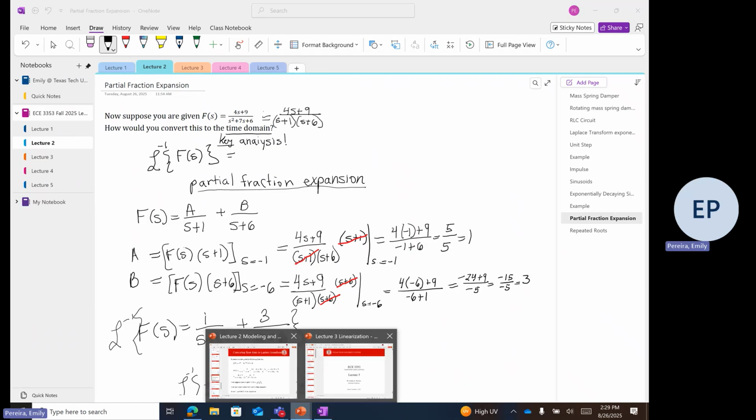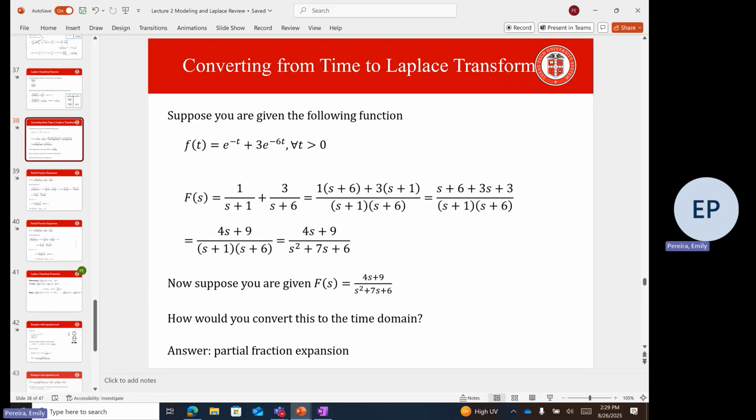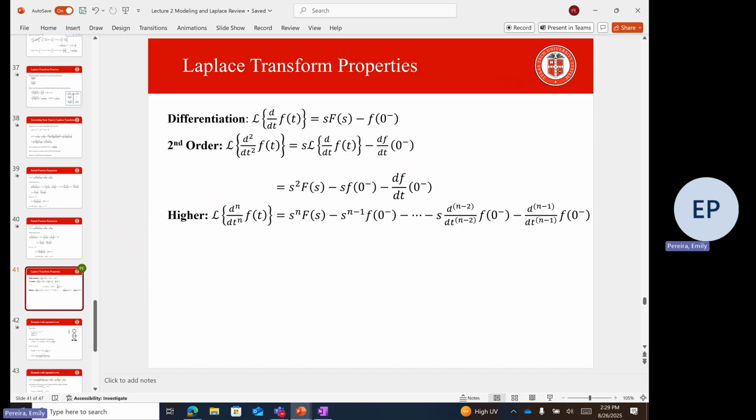But first, I want to mention one more property, and that is the higher order differentiation. So we said that the Laplace transform of the derivative of a function gives us this s term.